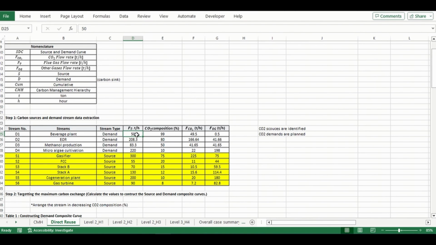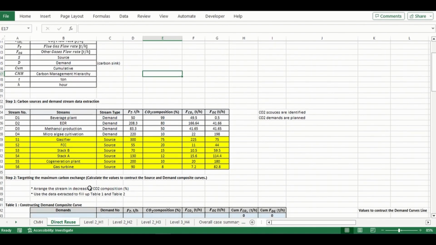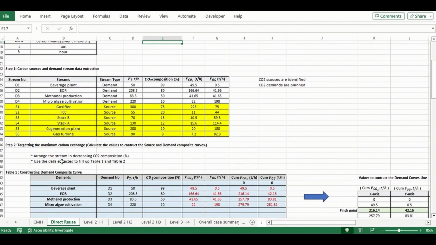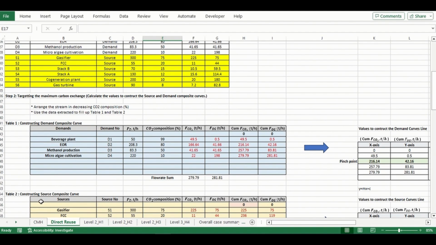Then we use the data from the stream data extraction to perform the targeting of the maximum carbon exchange and calculate the values to construct the source and demand composite curves. Next, for step 2, we use the data extracted in step 1 to fill up table 1 and table 2.